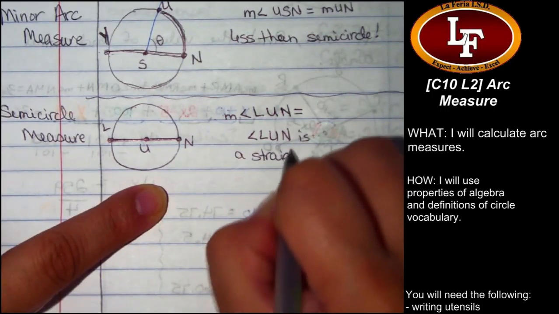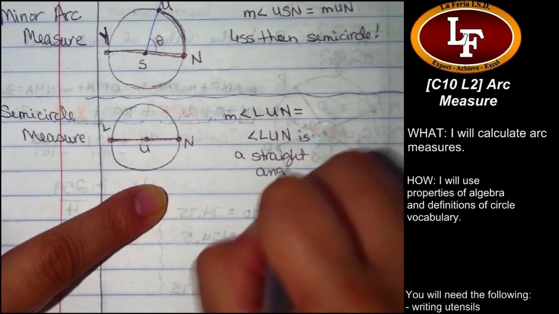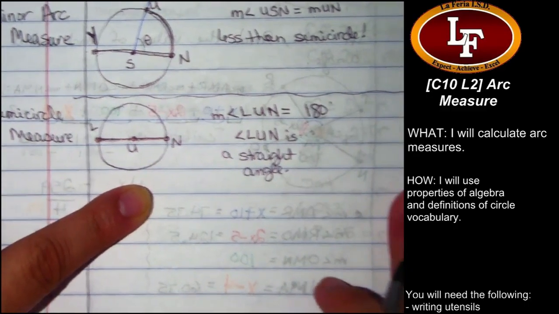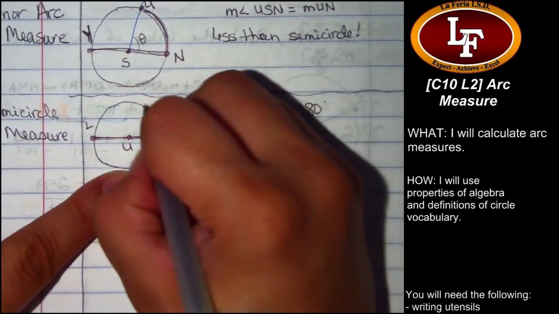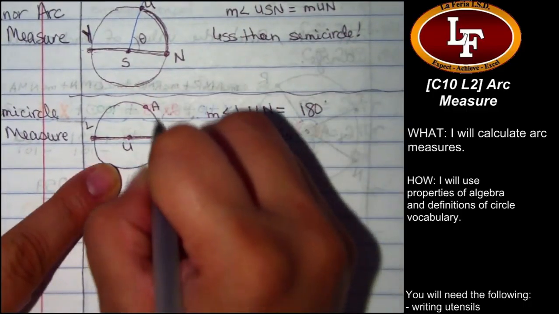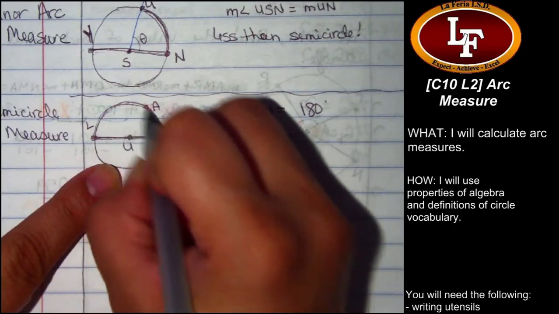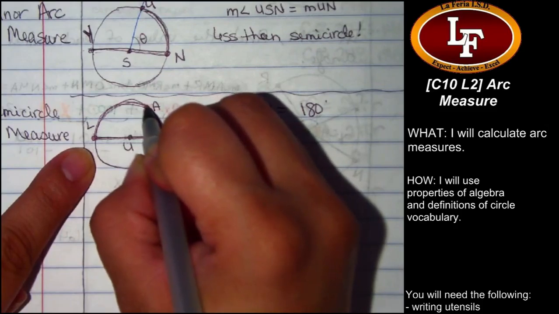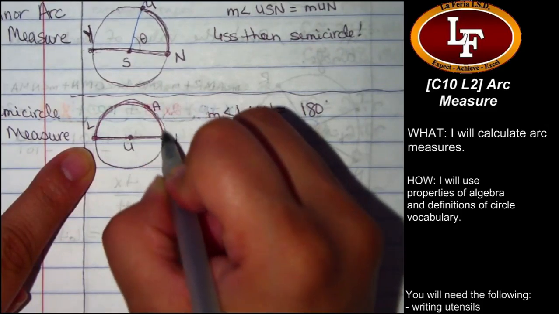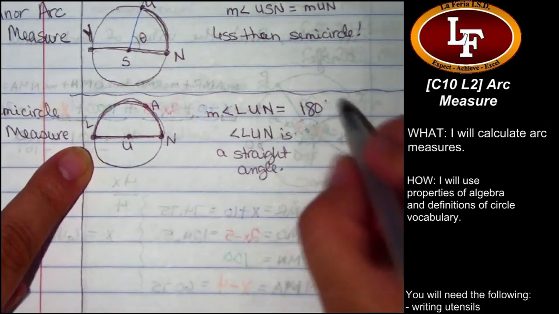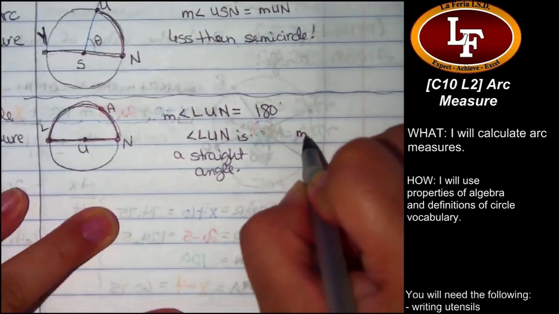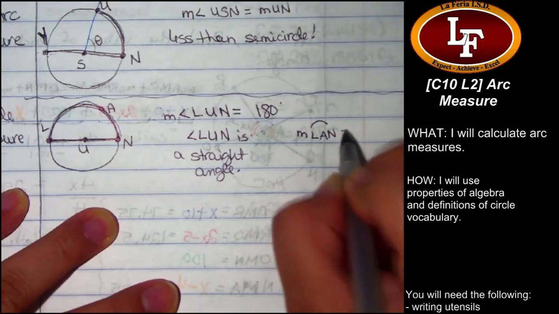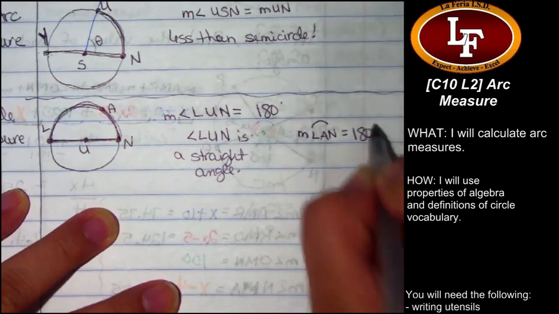And recall from the beginning of the year when we were classifying angles that a straight angle had a measure of 180 degrees. Which means that this semicircle arc right here that goes from the endpoint L, traces up through this A that's sitting on the circle, down to the other endpoint of my diameter N, the measure of that arc, LAN, is also going to be 180 degrees.